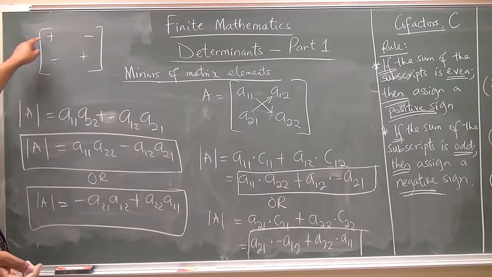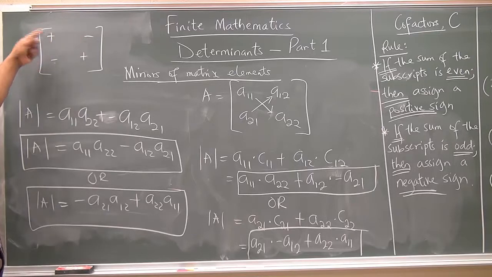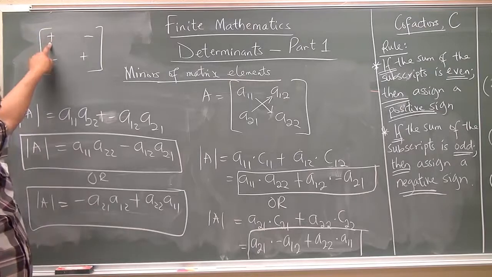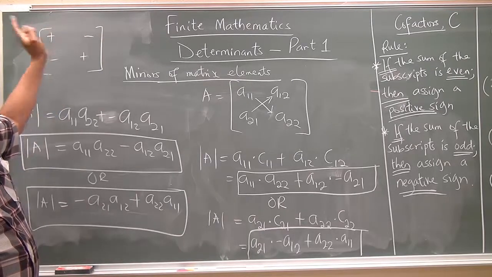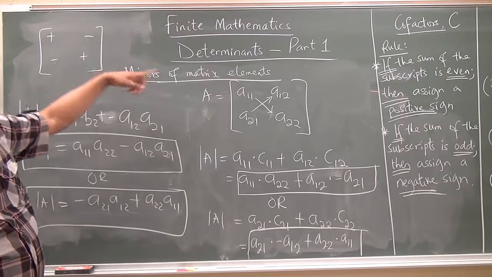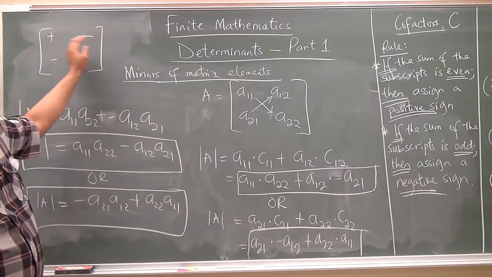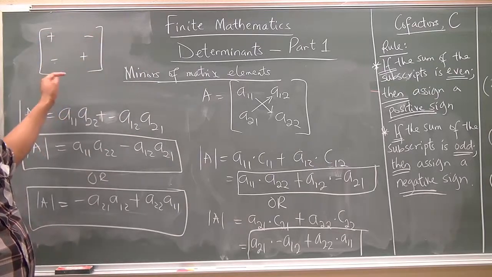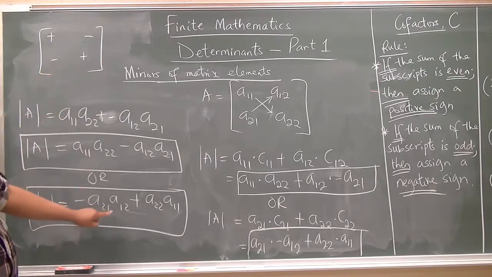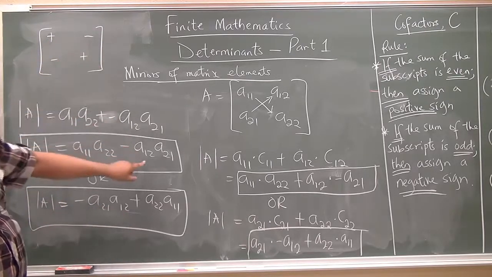If you're using the first row, then this is plus: A11 times plus A22, then plus A12 times minus A21. You can use either of the rows. If you're using the second row, the negative comes here. But if you're using the first row, you see this negative.